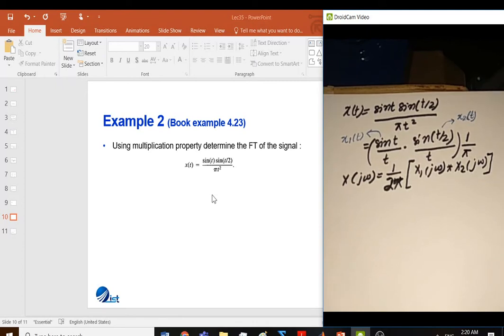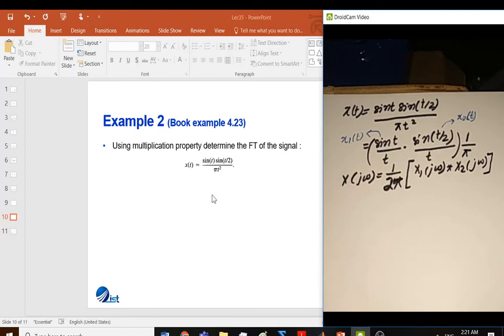Now we have done this example so many times in the Fourier transform chapter 4 that we know that whenever we have a sinc in one domain, we have a pulse or a gate function in the other domain. So for this sinc in the time domain, in the frequency domain we have pulses.